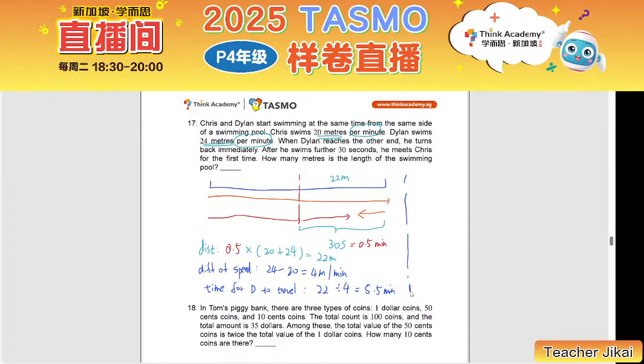It is asking you how long this swimming pool is. So you just multiply the total time, 5.5 minutes, by Dylan's speed. Dylan's speed we know is 24 meters per minute. So it is 5.5 times 24. 132 is the final answer. So the length of the swimming pool is 132 meters. Okay, so you get 132.